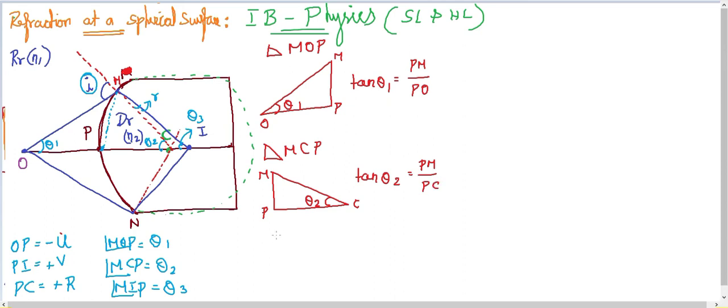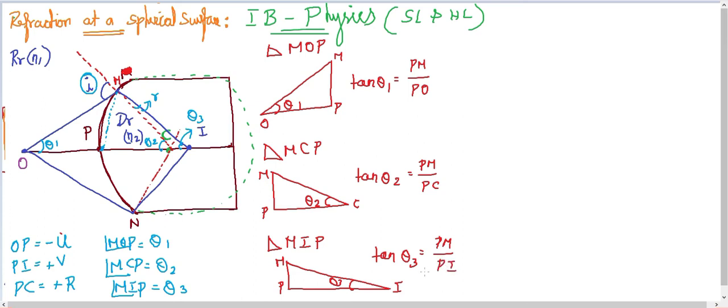Okay, the last triangle is MIP, and this is theta 3, I, and this is P. Again I am going to find tan theta 3, that is opposite PM divided by adjacent PI.